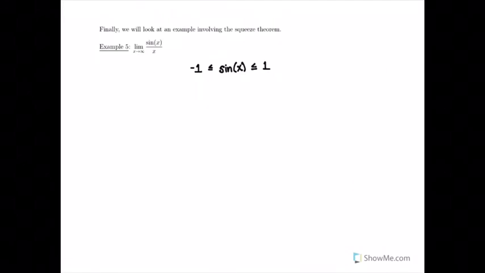So here we go. Sine is in between negative 1 and 1, and we are going to divide everything by x so that we get sine of x over x. So we're going to have each of these parts divided by x, and we are going to take the limit of each part.